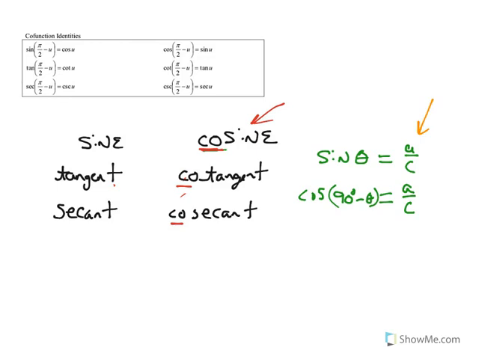So if you had, for example, secant at, let's say, 20 degrees, and let's say I wanted to use the complement to that, so 90 minus the 20, its complement should be 70.